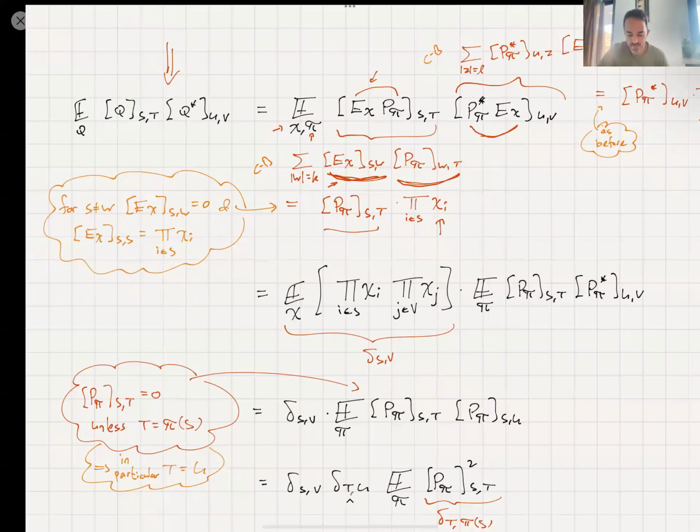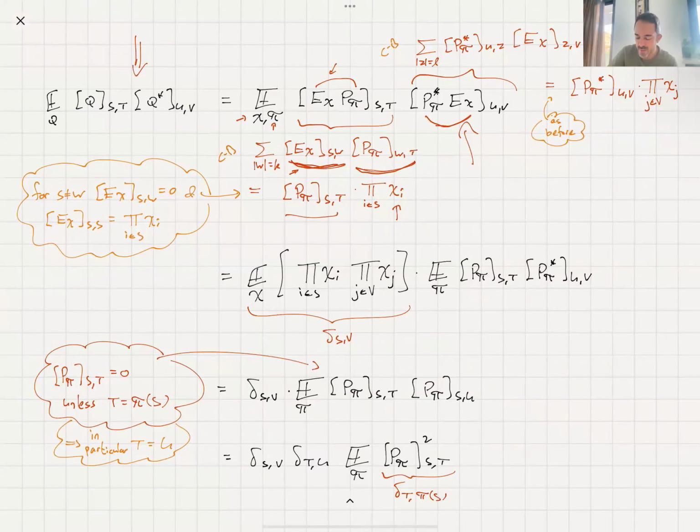And the same here. In this thing, the only thing that's left is the P pi conjugate UV minor times this product of the corresponding chi. But now it's with respect to this other set V, of course, not with respect to S. So taking the product of these and separating, because they are independent, the expectation according to chi and the expectation according to pi.